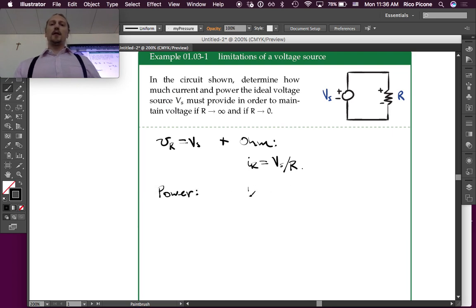What is the formula for the power that a resistor is dissipating at any instant in time? Voltage times current, right? So we have IR times VR. And we have an expression for VR and IR now. So it's just Vs squared over R, right?